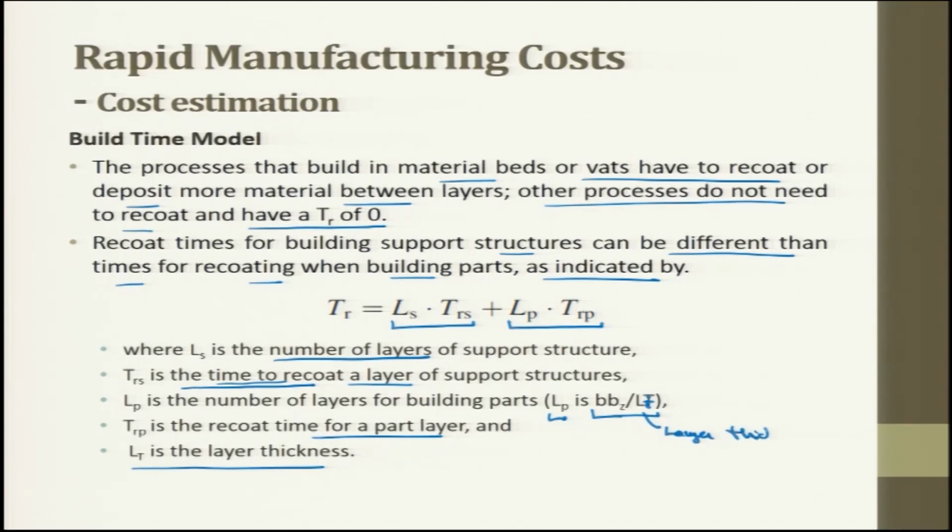So, this is essentially telling us that recoat time is divided into two factors: one is support recoat, and the second is part recoat. LS and LP are the numbers of layers of the support and the part respectively, and TRS and TRP are the times taken to recoat the layers of the support and the part respectively. So, this is TR, one of the elements in the build time model.